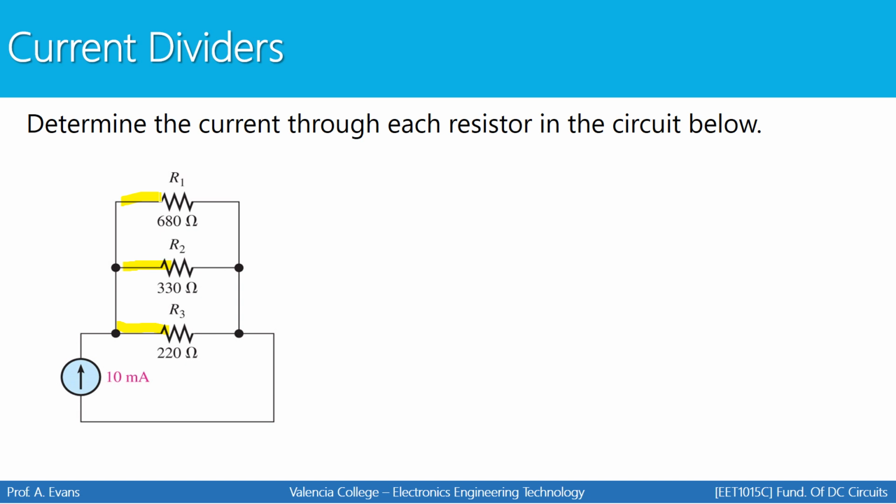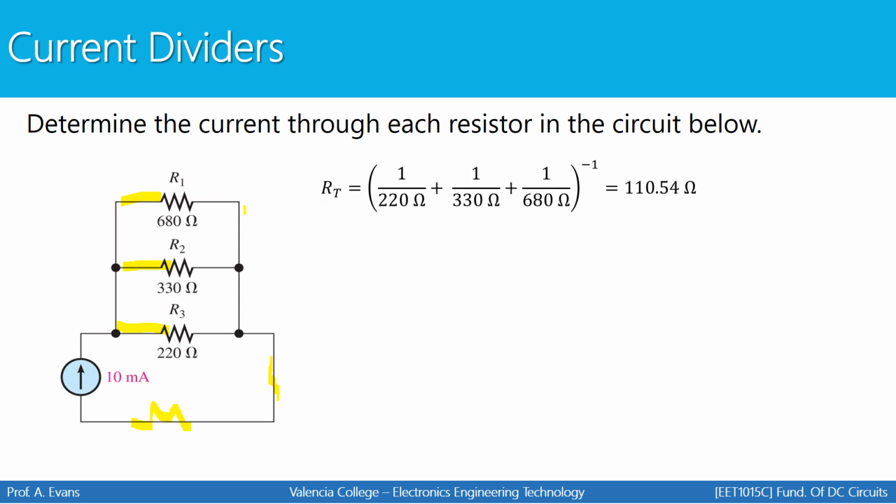Now keep in mind, you don't necessarily have to find the total resistance for the entire circuit. What you need is the total resistance for the paths when the current splits. So if I had another resistor down here and another resistor over here, I wouldn't need to include those in my total resistance. I just need to know the total resistance along the paths where current splits.